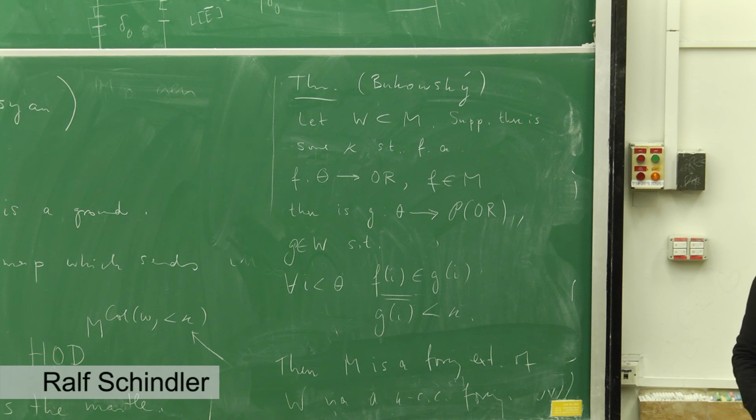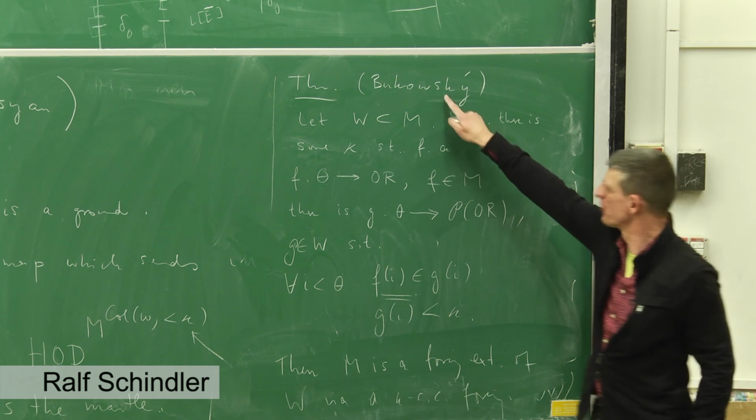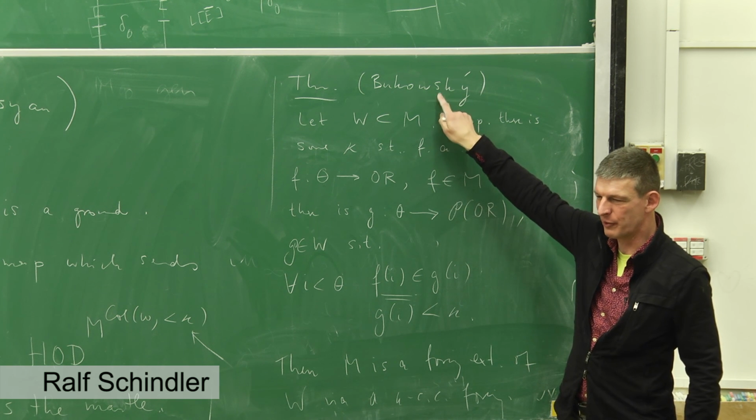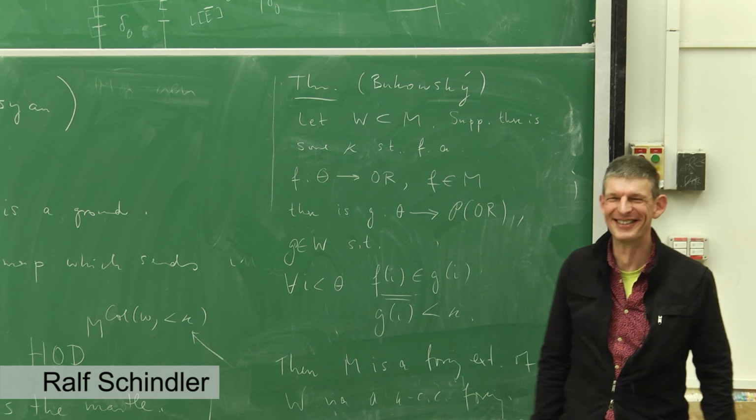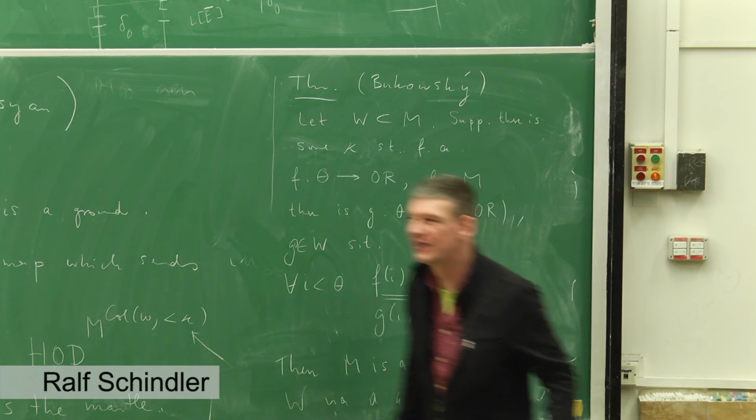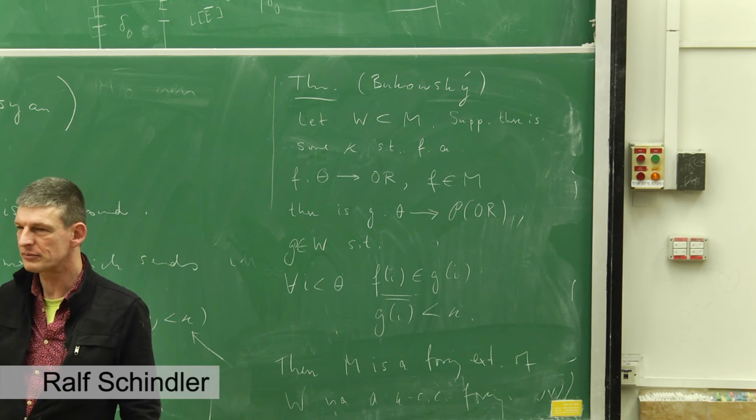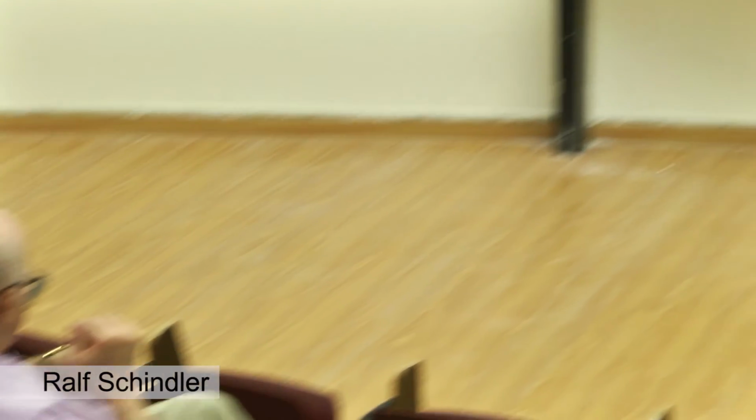Can you say a word about the forcing that you use? I have no idea which forcing he used originally. I know a write-up where the forcing looks like the Solovay algebra. No, it's not too difficult. There is a similar characterization, I think it's true for Prikry, and this characterizes when the forcing is kappa-c.c., and there is something that characterizes the case where the forcing is of size kappa. For every subset of ordinals, you can find a family of fewer than kappa subsets of that ordinal, such that a huge set is the union of a subfamily.